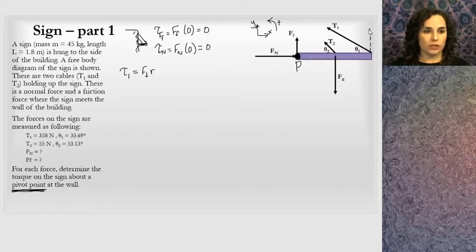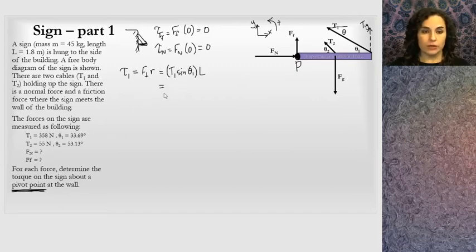And only this Y component, T1y, will cause a torque about this pivot point. And when I look at T1y, here's theta here, here's theta here. It's the opposite. And so I know that I'm going to have T1 sine theta 1 times the radius, which is a whole length L. Okay. I can calculate this stuff.